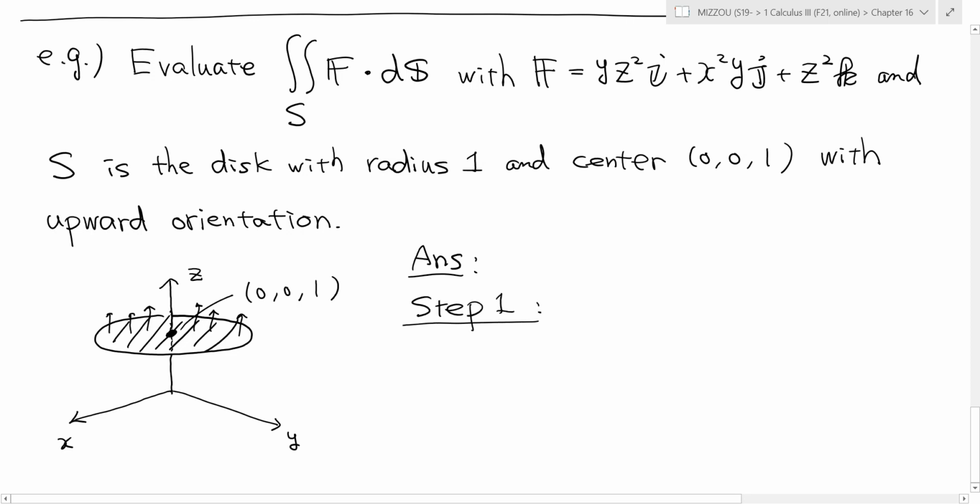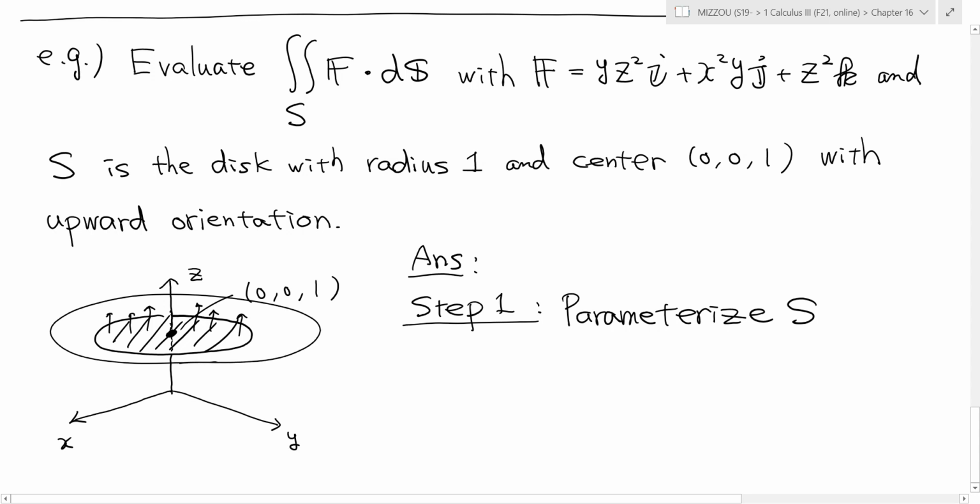what you have to do is to parameterize the surface S. Okay, now how? Well, actually, the surface in this case is the disk with radius 1 at center 0, 0, 1, like floating in the air, but that means this disk is on the plane.